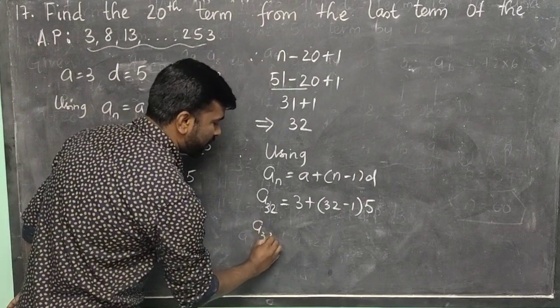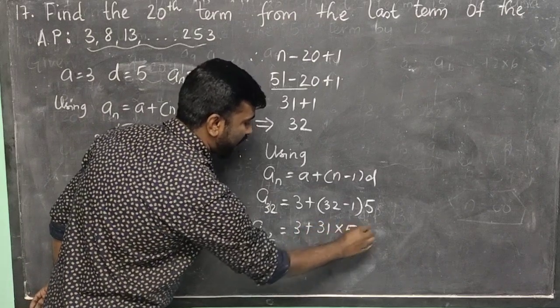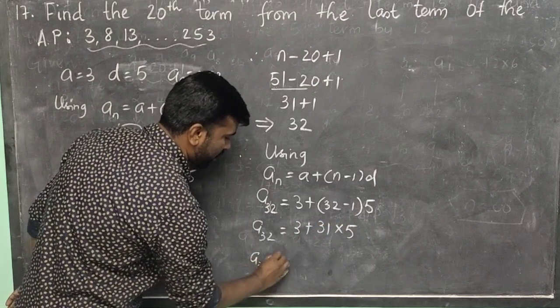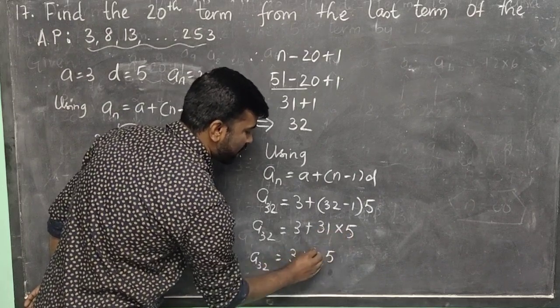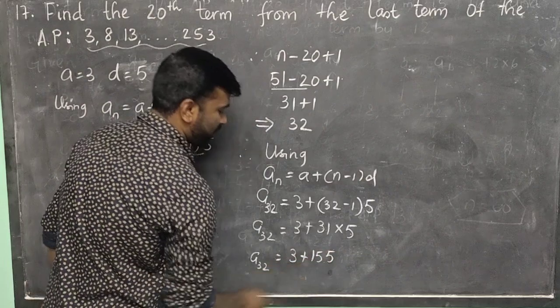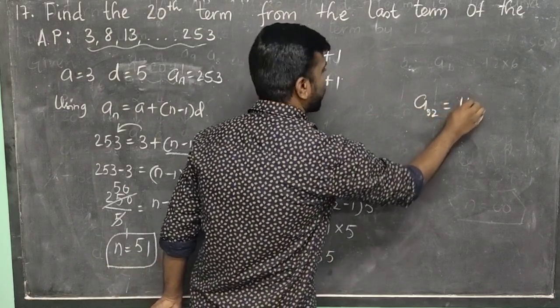Therefore a32 equals 3 plus 31 into 5. So a32 equals 3 plus, 5 ones are 5, 5 threes are 15, 3 plus 155, what we get is a32 equals 158.